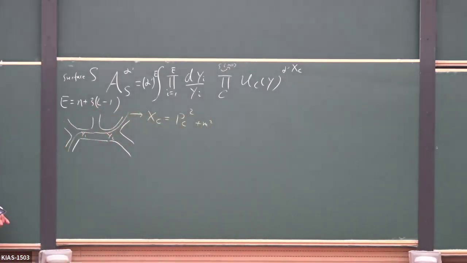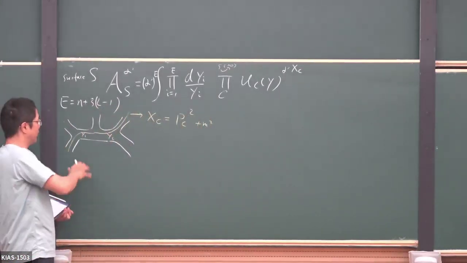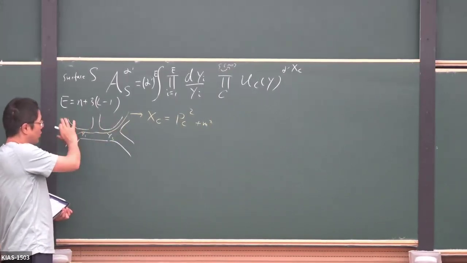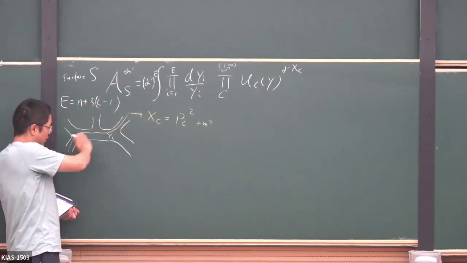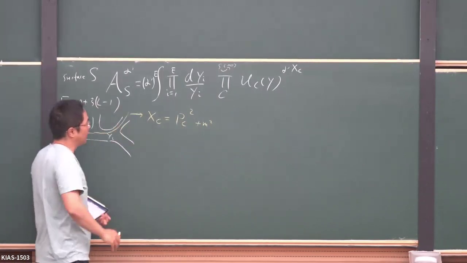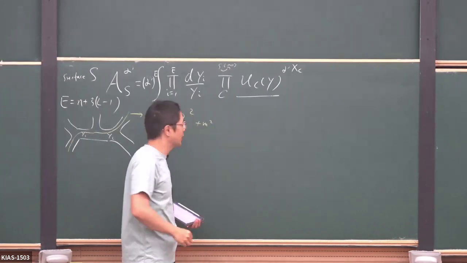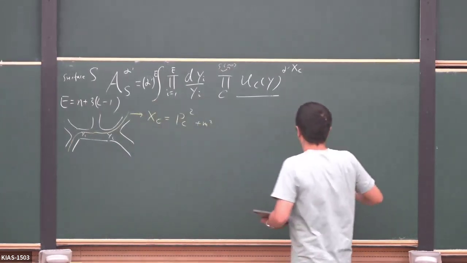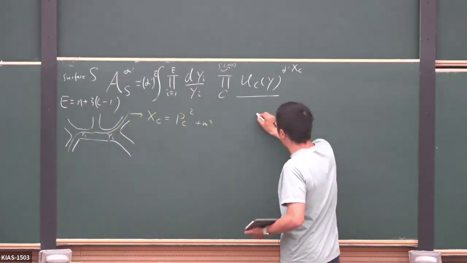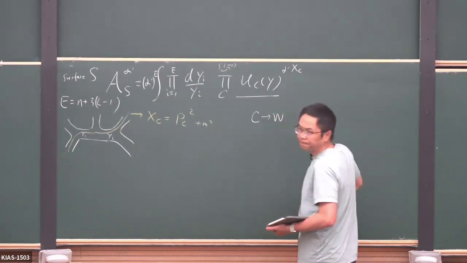So the key things in this formula are the definition of the surface with base triangulation, the definition of the curve with kinematic invariants, and, most importantly, this object.